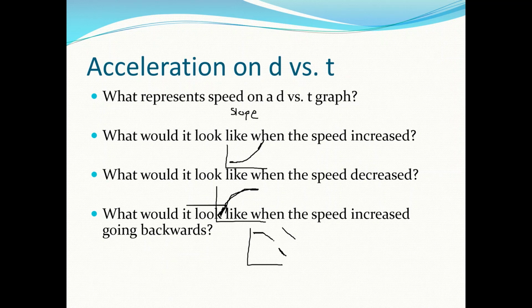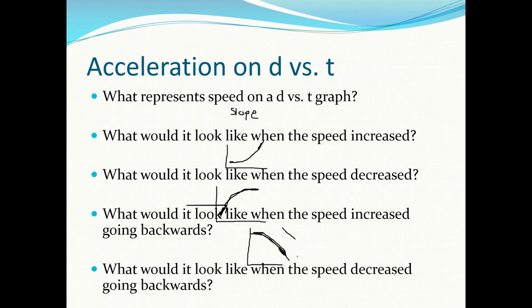So it's going to be a curved line that looks like that. If I decrease my speed going backwards, again, backwards means my slope looks like that, but I want to go from a steep line to a flat line. So it's going to curve, and it's going to go like that. Excuse my terrible drawings.